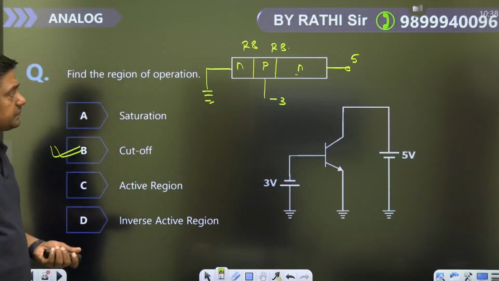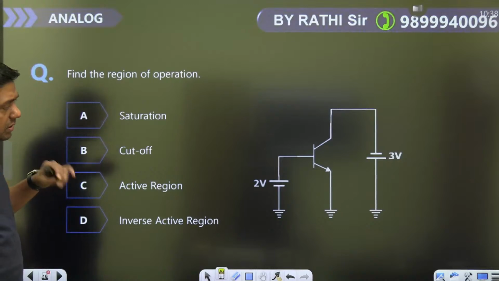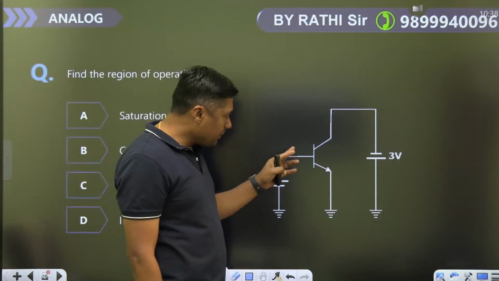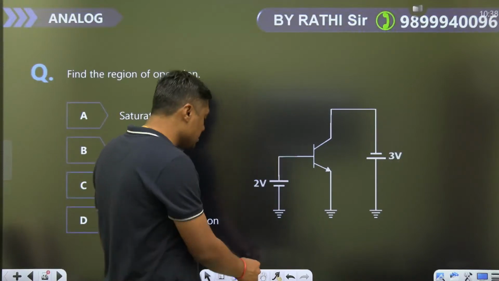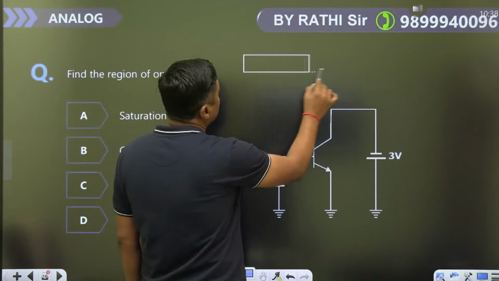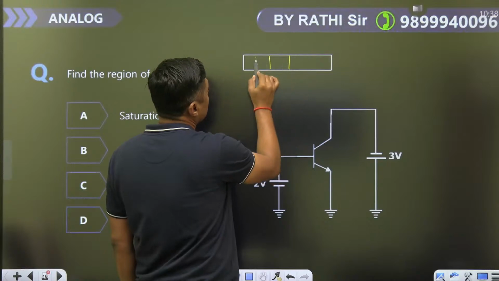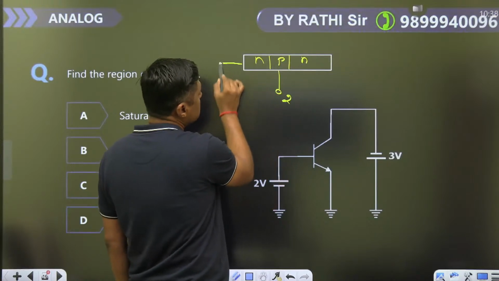Then find the region of operation for this one. अब ये थोड़ा सा फास्ट आप लोग बताते जाइए। देखिए अगर आप यहां पर लगा रहे हो 2 वोल्ट, मतलब n is p, base region is what? Positive. Base region is positive. This is ground.